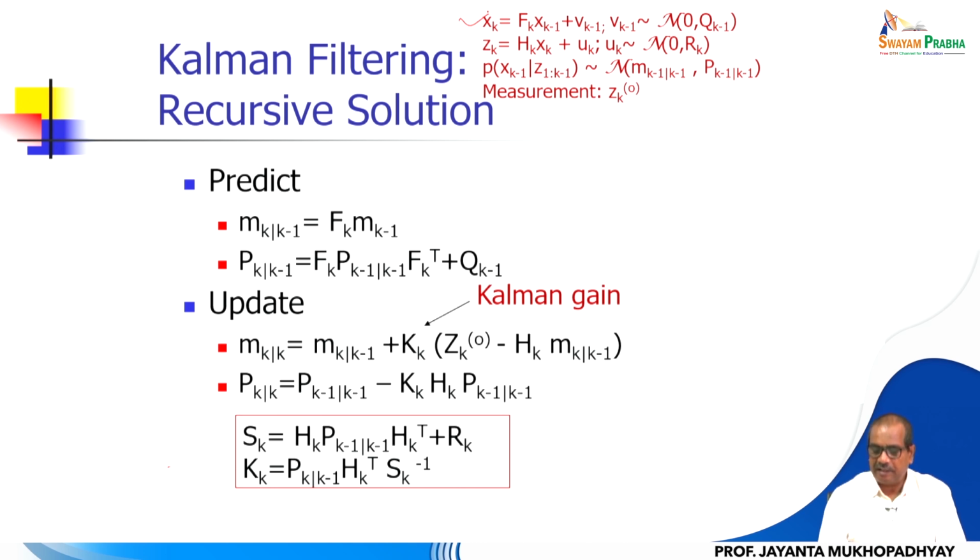So suppose this is your kth frame, and k minus 1th frame, and you have an object state, location, velocity, etc. and you have computed its corresponding motion values, and applying that motion model, you can predict what could be your state at the kth instant.